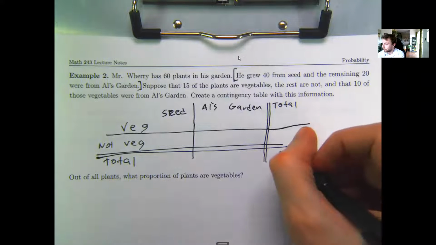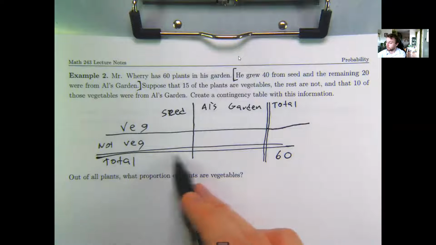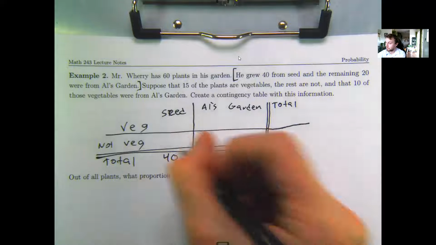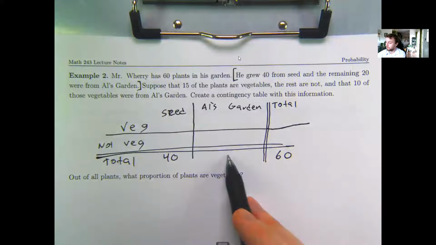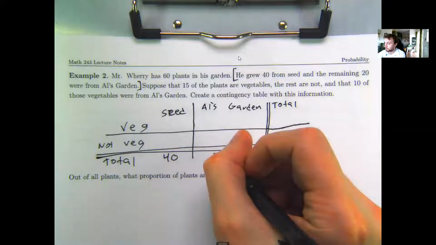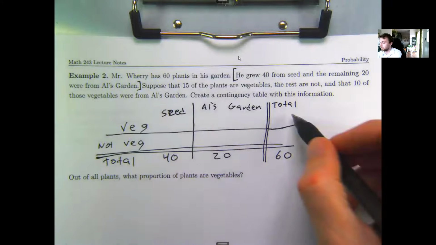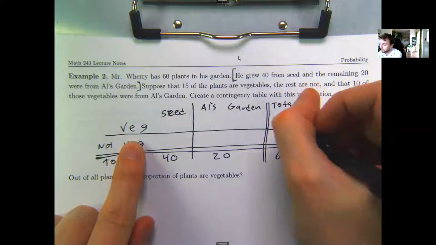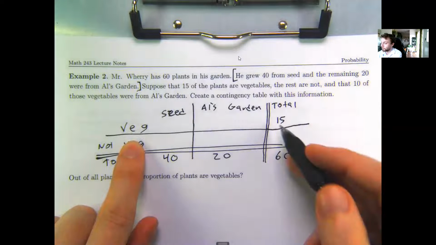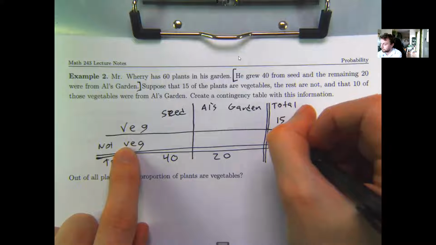So I'm going to put that in the lower right corner here, 60 total. 40 things were from seed, and the remainder of 20, 40 and 20 gives me 60, were from Al's. 15 of the plants in total were vegetables, and the rest were not. So 15 and 45 add up to 60.